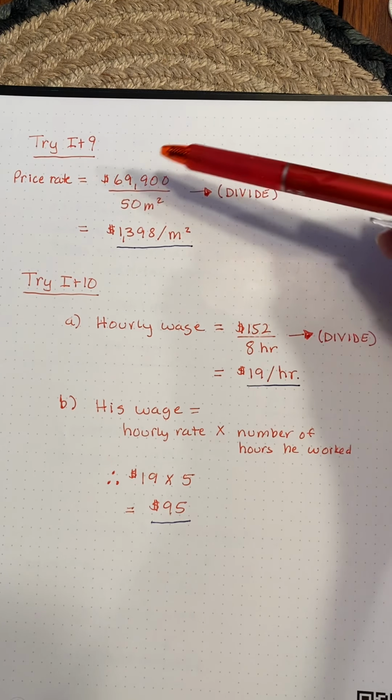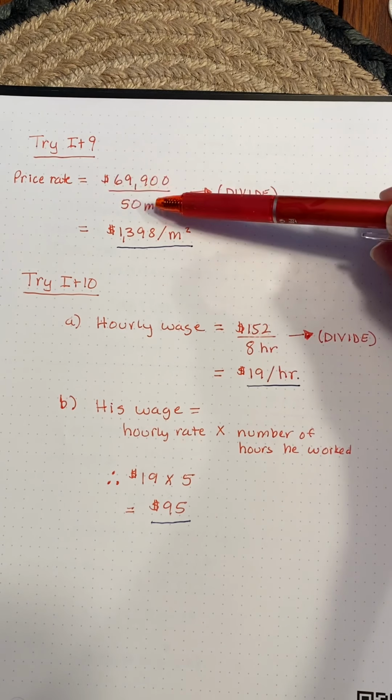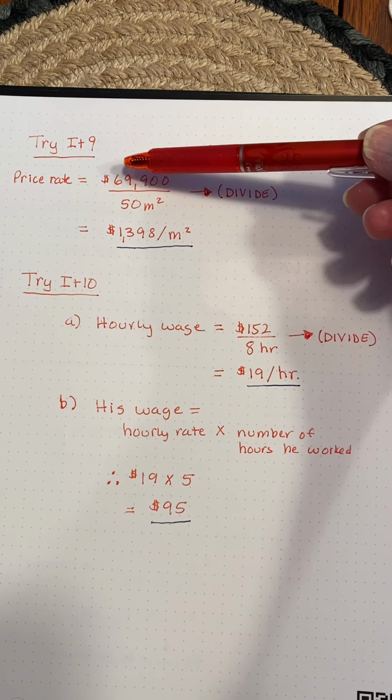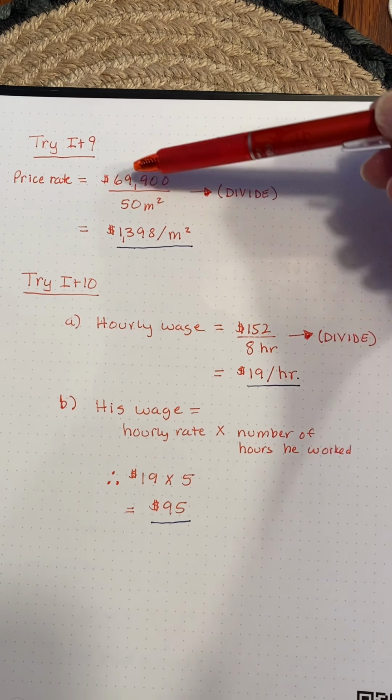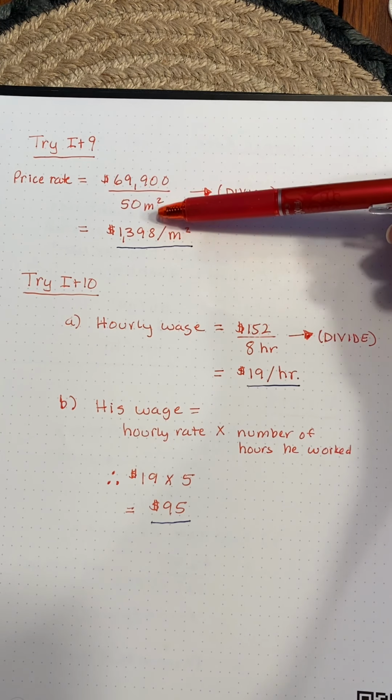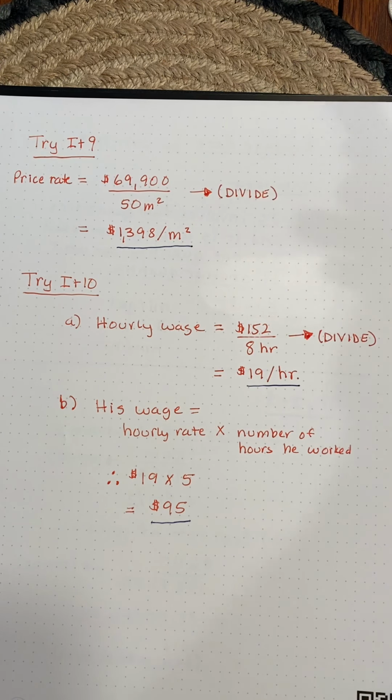The only difference is the label, so dollars per meter squared. Usually the dollar part or the first thing listed is the numerator, and the per meter squared or per hour or whatever is the denominator part. Again, we go ahead and divide and find out that that apartment is $1,398 per square meter or per meter squared.